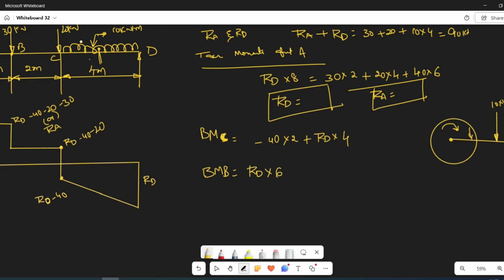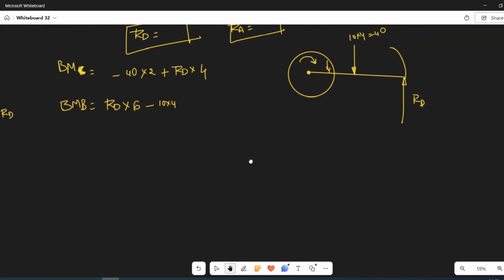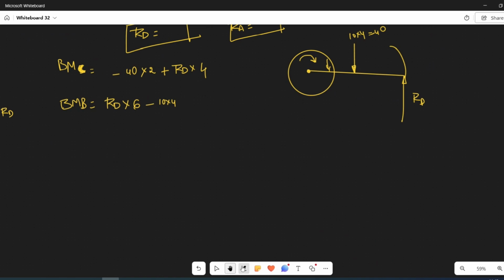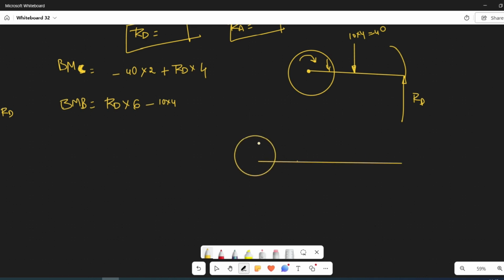Next, minus this clockwise moment, 10 into 4, which I told you is going to act at the middle. So point B is like this. Now point B is the center of the clock.